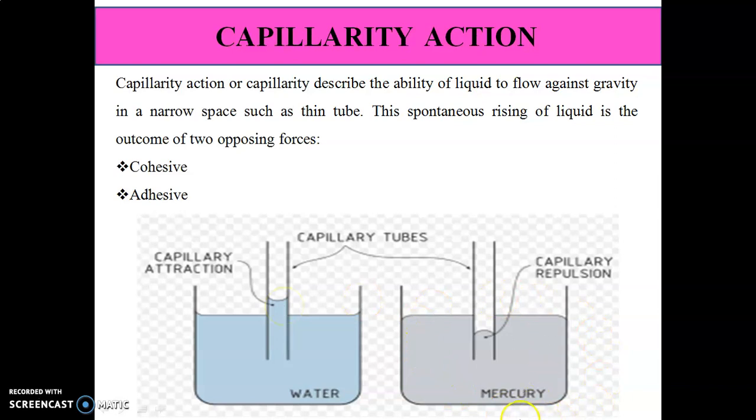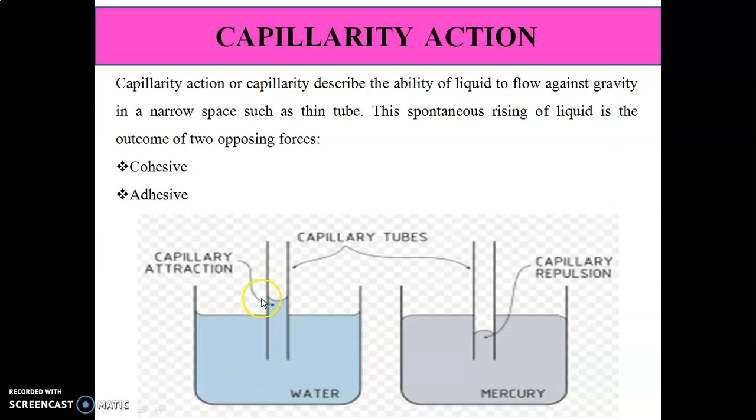Whereas in the second one, the mercury-containing beaker, the type of curve is convex because the cohesive force is greater than the adhesive. When the adhesions are greater than the cohesions, the molecules of the liquid cling to the wall of the tube.